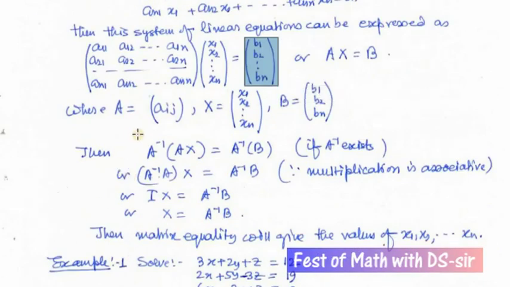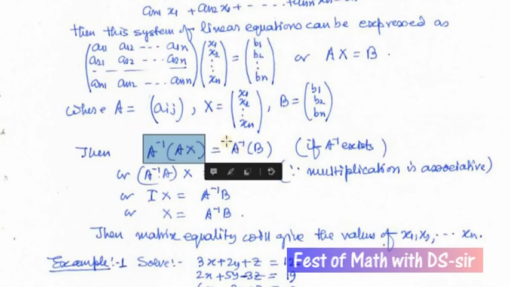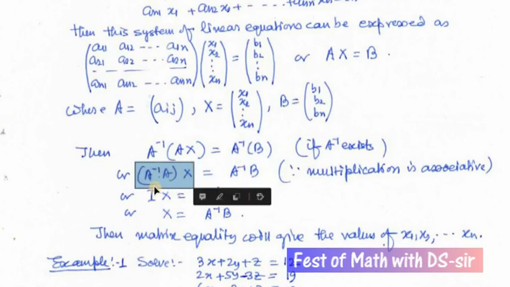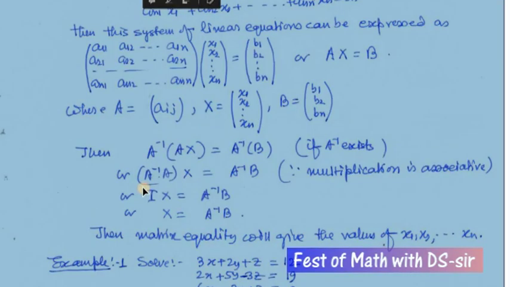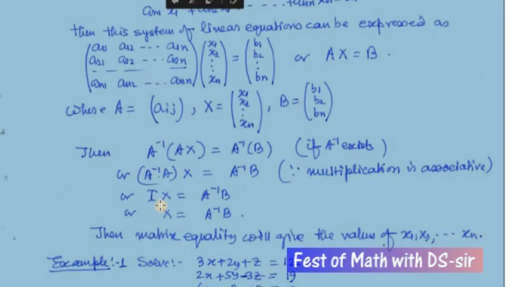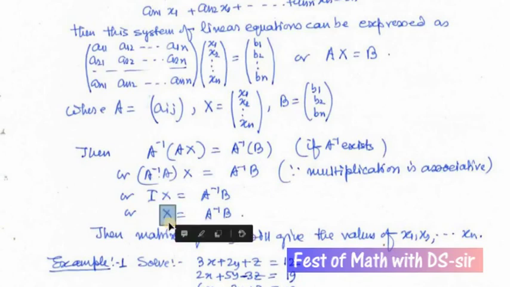Then on multiplying both sides on the left by A inverse, we get A inverse AX is equal to A inverse B. Now we know that matrix multiplication is associative, so the associative rule is applied. On applying it, A inverse A is I. So I into X is X, because I is the identity matrix.